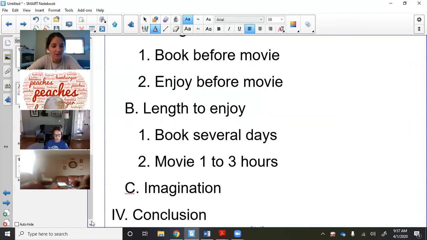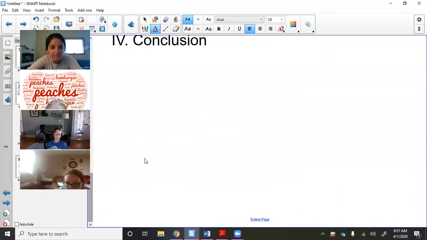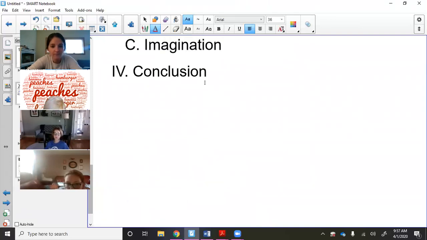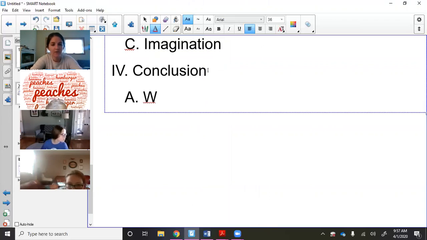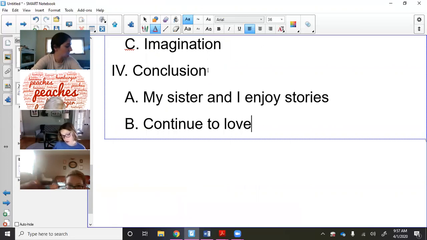So continuing this, I could say something along the lines of, sister and I enjoy stories. Continue to love both books and movies.